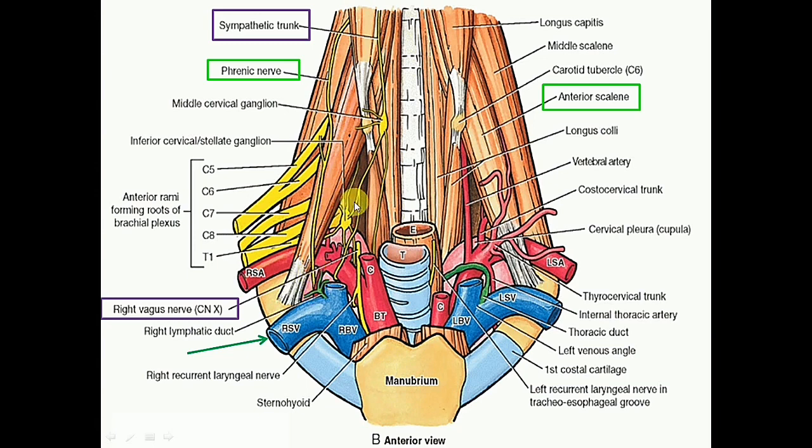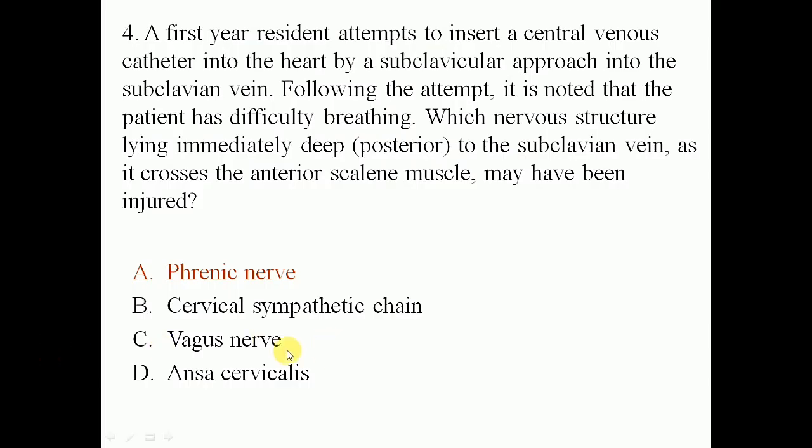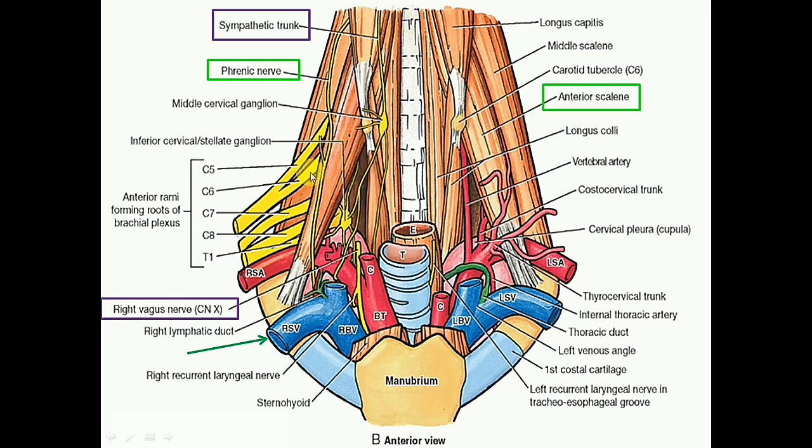The other two structures, that is vagus nerve and the sympathetic trunk, they are medial compared to the phrenic nerve here, so they are less likely to get injured in this procedure. Hypertrophy of the anterior scalene is also one of the causes which may lead to injury to phrenic nerve.